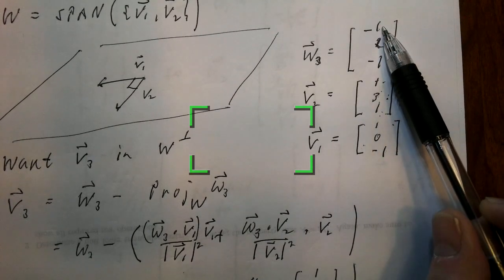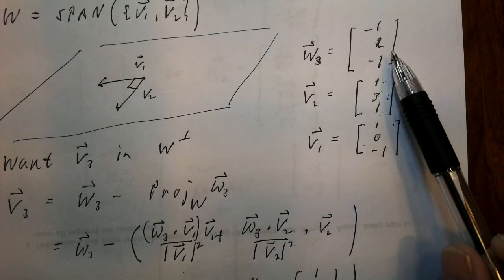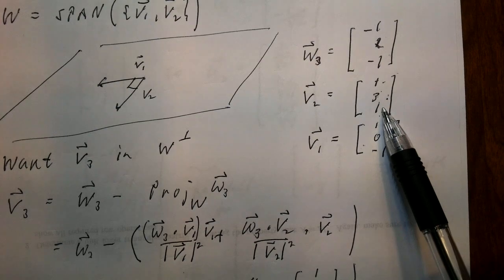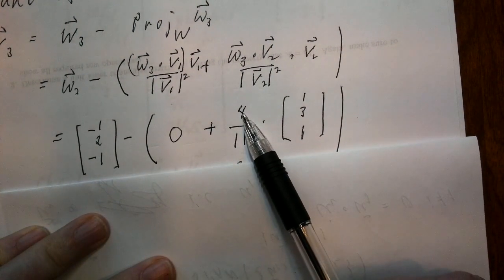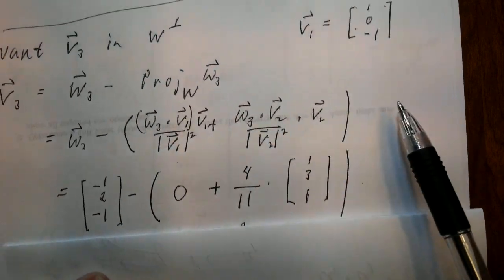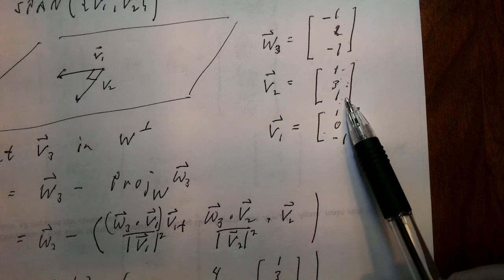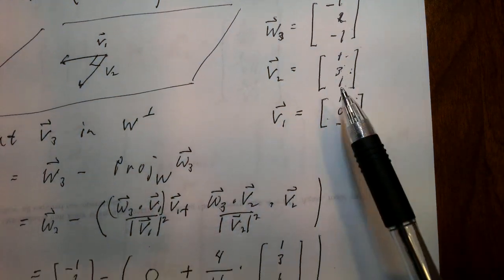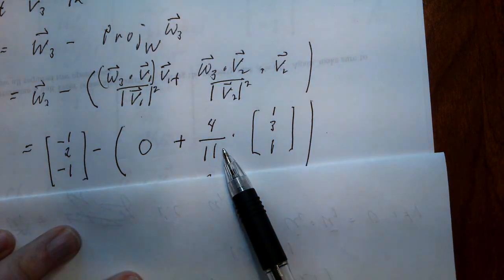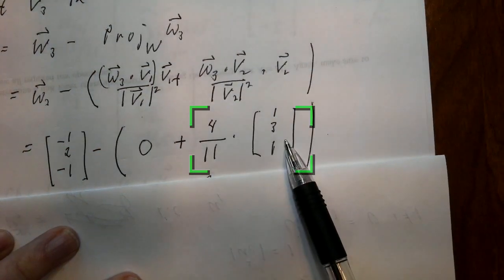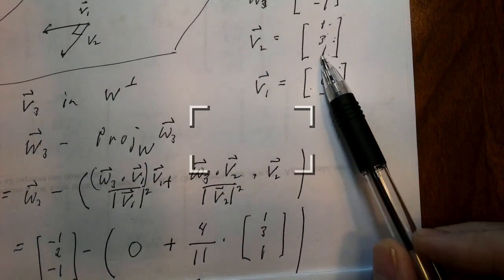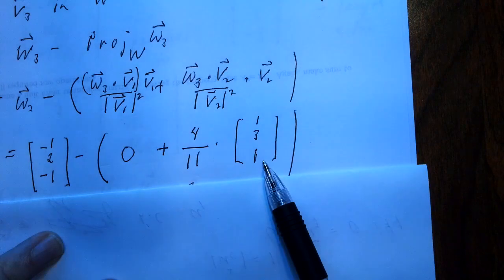It's actually going to be 4, so that's where this comes from. Now we need to divide by the length of V2 squared. If we take 1 squared, add 3 squared, add 1 squared, that gives us 11. So we have an 11 here, and then we multiply that by V2, which is 1, 3, 1.